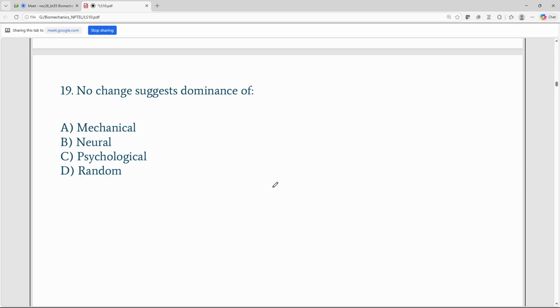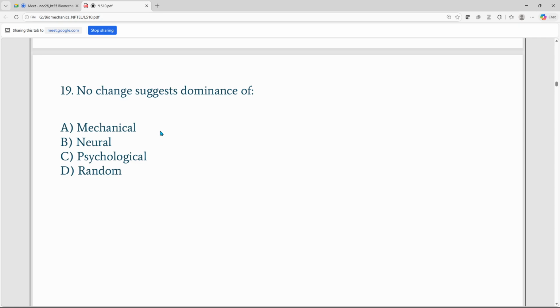Next question. No change suggests dominance of which among the following? Mechanical, neural, psychological, or random? The study found no significant changes in enslavement indices across different wrist postures, suggesting a greater role of which factor in finger interdependence.